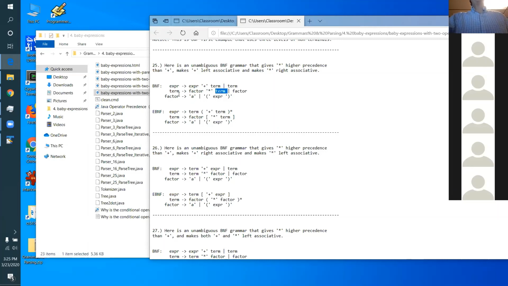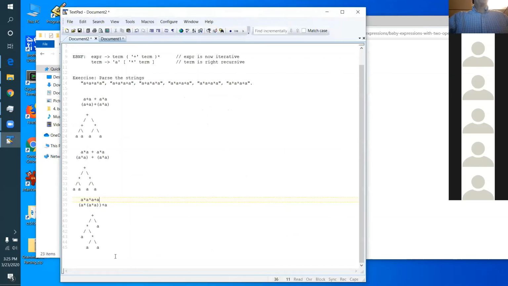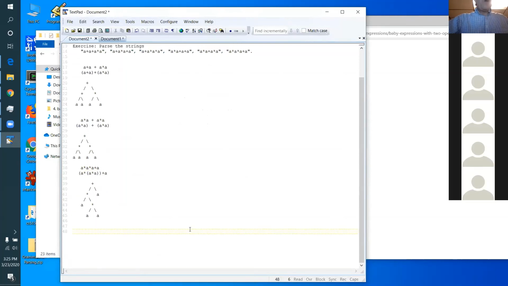So you break the term up as a single factor times the rest of the term. Then the rest of the term will be a factor times the rest of the term, or it could be a factor by itself, meaning that it's a literal or an expression. Let me do it here. Here's a single term.